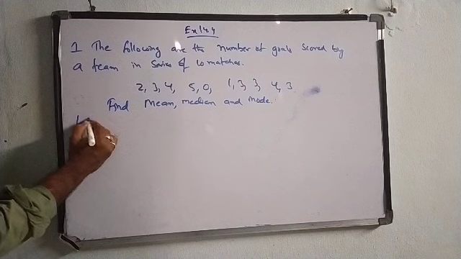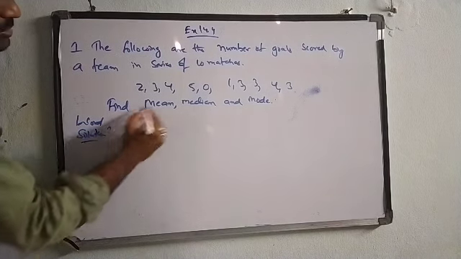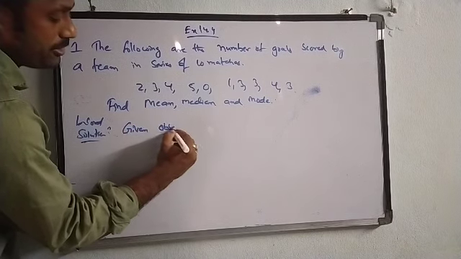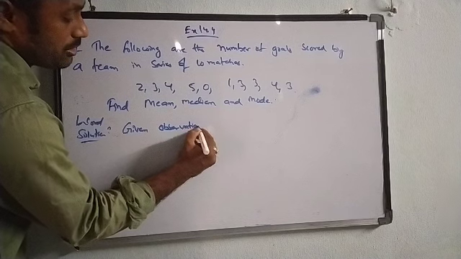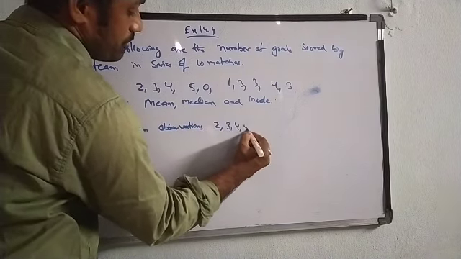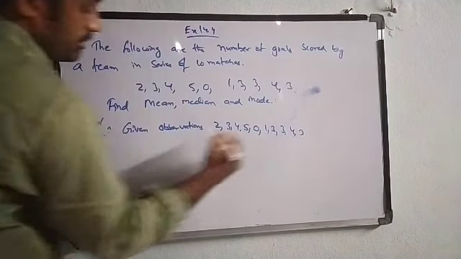So let us see the solution for this. First, let us find out the given observations. What are the given observations? 2, 3, 4, 5, 0, 1, 3, 3, 4, 3.